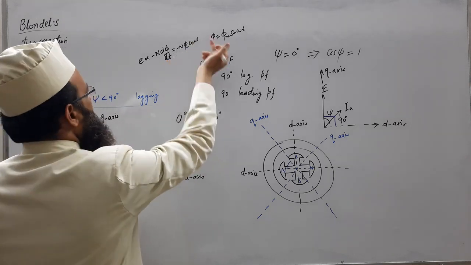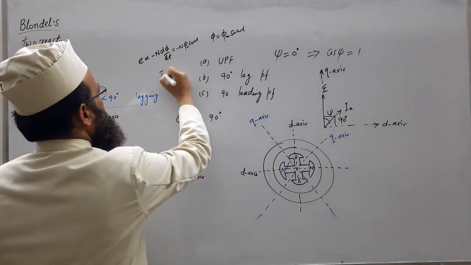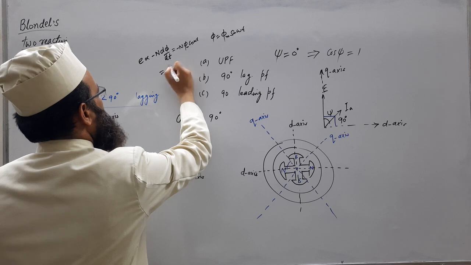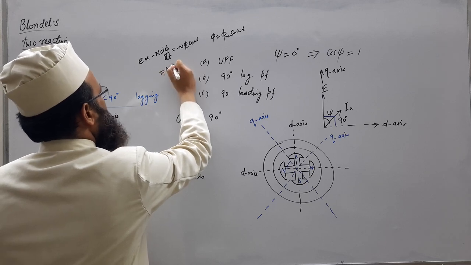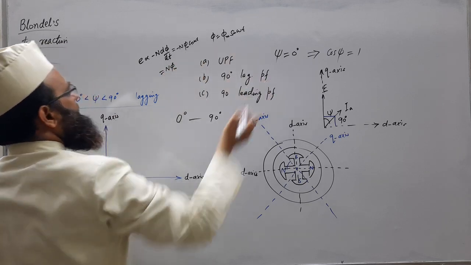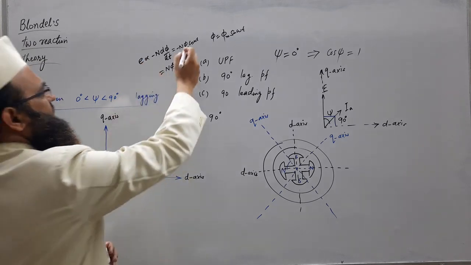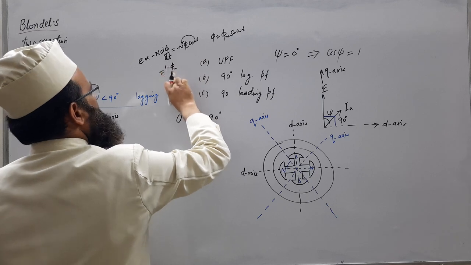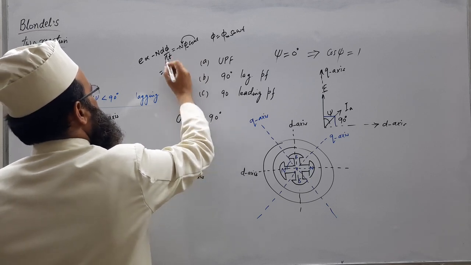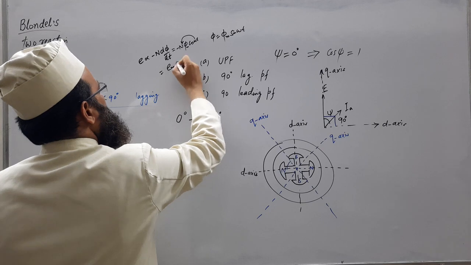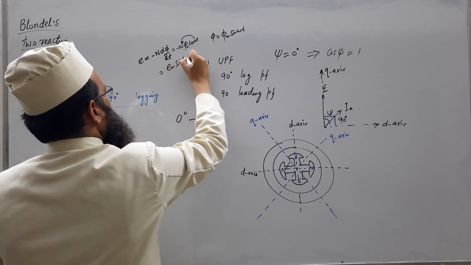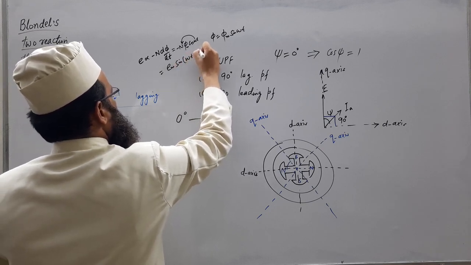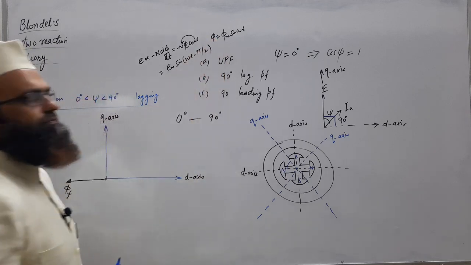So cos of 90 degree minus theta is sin theta, so we may write some maximum value Em sin of omega t minus pi by 2.